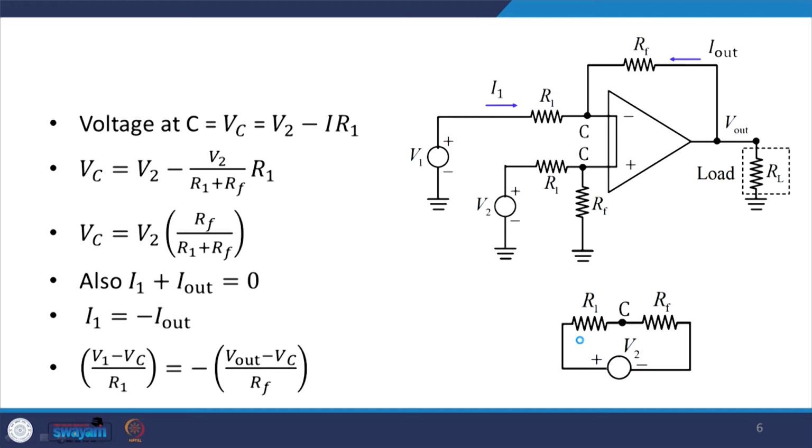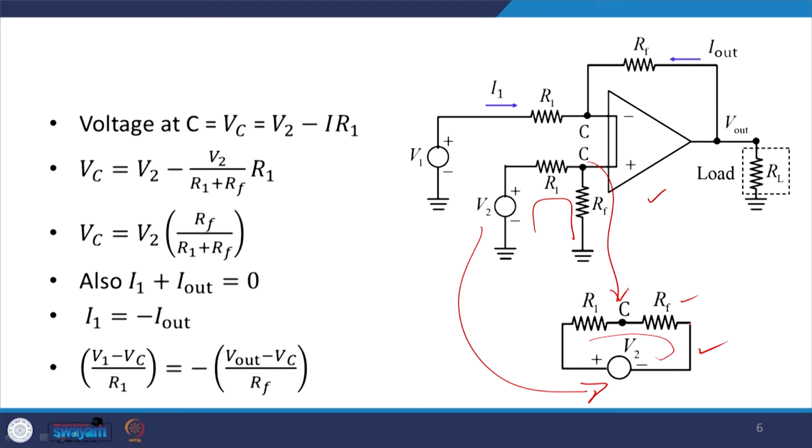Again I have put up the equivalent circuit for that. This portion I can analyze over here, as you can see. You have R1, you have RF, this is the point C, and this is V2. I will come back to it a little later.